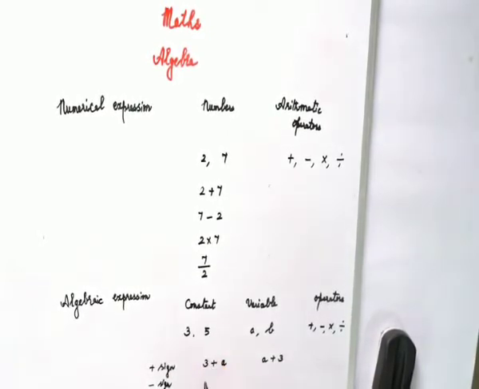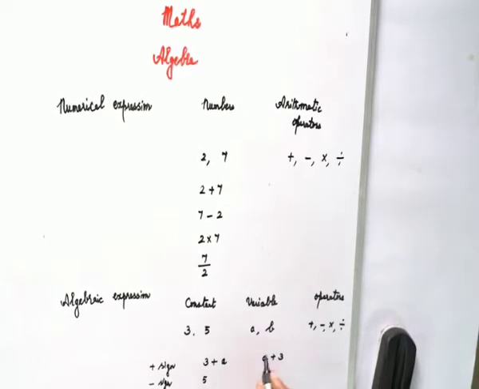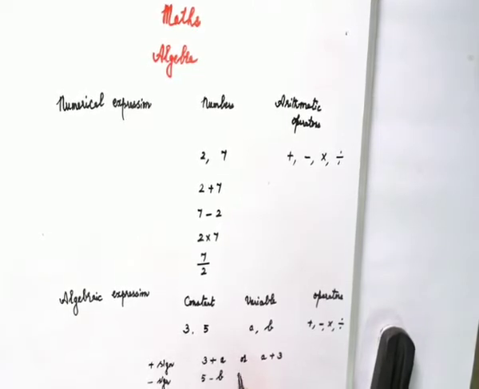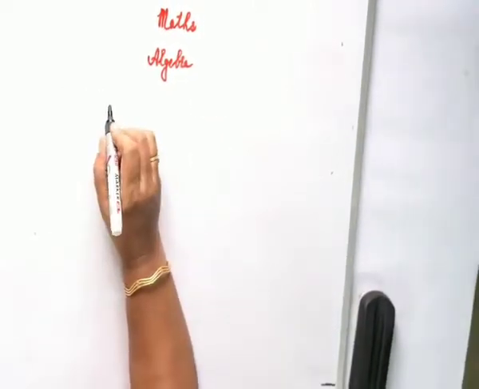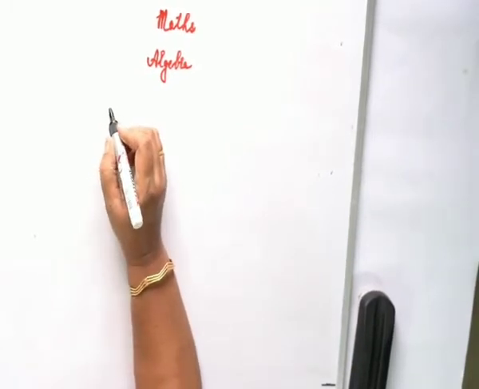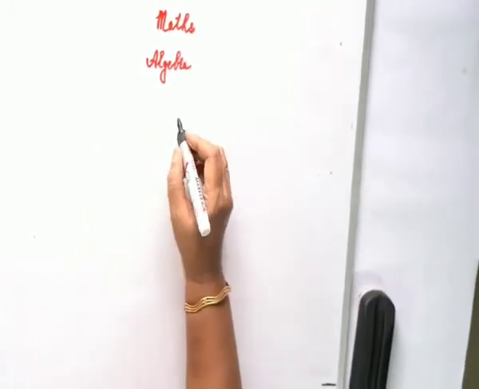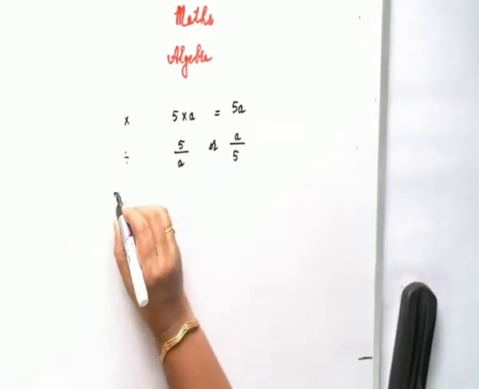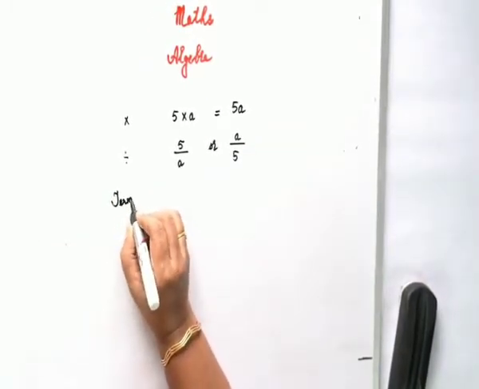Any constant you can take here, 5, and variable we will take b: 5 minus b or b minus 5. Sign, constant should be written first. So 5 into a, 5a, and when you use division sign, 5 divided by a or a divided by 5.